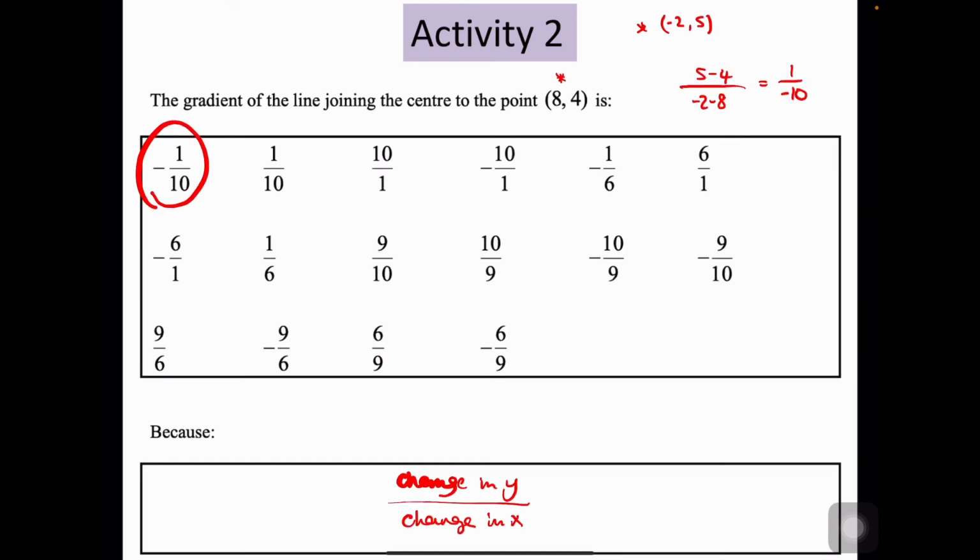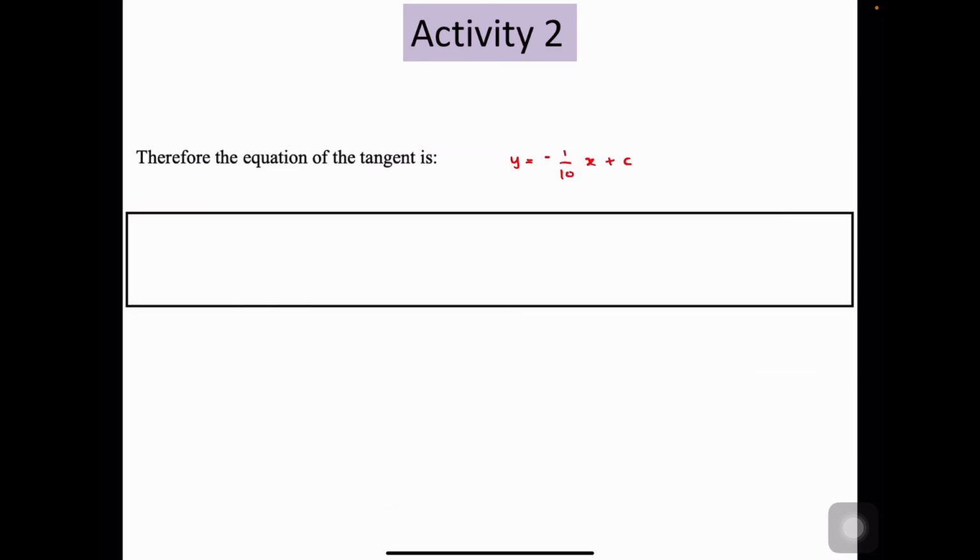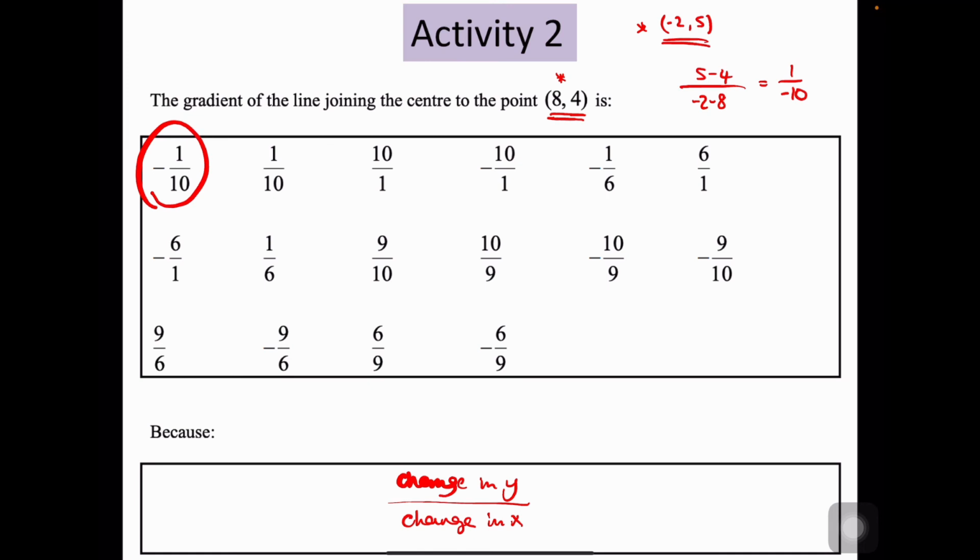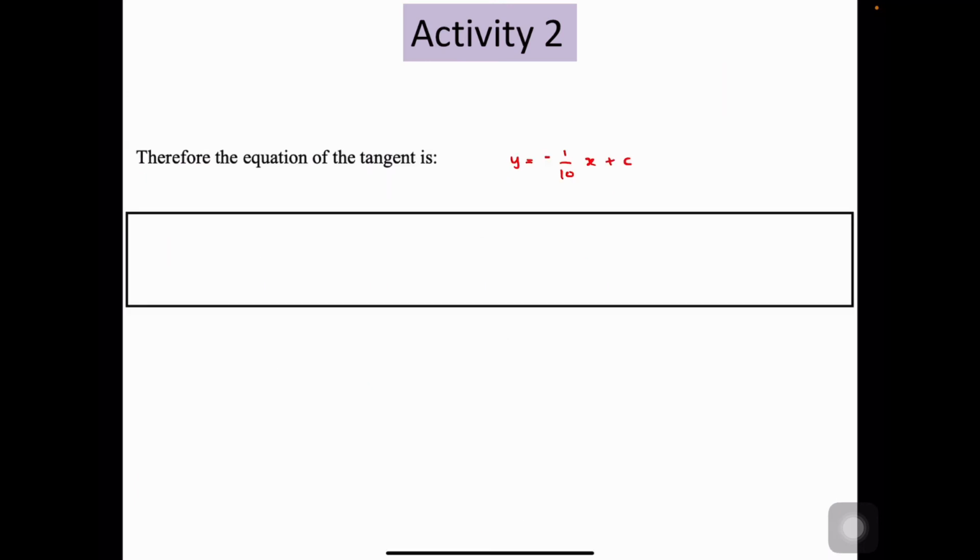Now let's substitute either these coordinates or these coordinates into the equation. I'll substitute 8, 4 just because there are no negative values. So 8, 4: negative 8 over 10 plus c, minus 4 over 5 plus c equals 4.